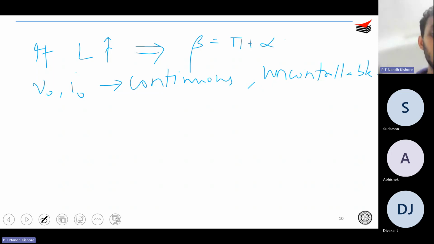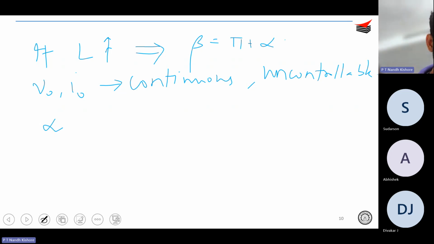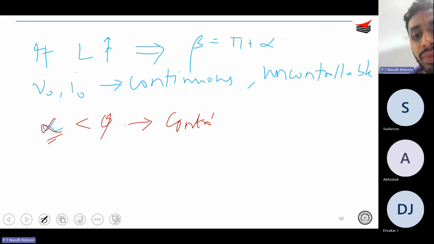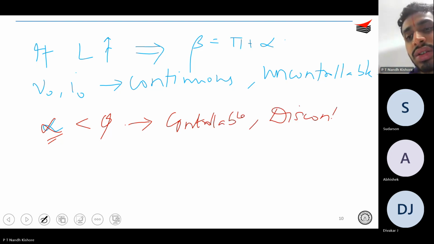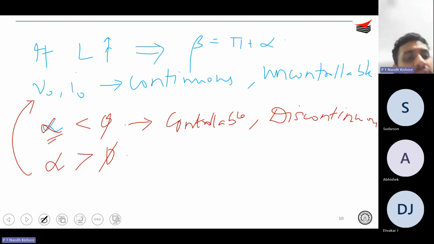Turns out that if your firing angle alpha is less than phi, then your converter is controllable and it is discontinuous. But if your alpha is more than phi, you're going to be continuous and uncontrollable.